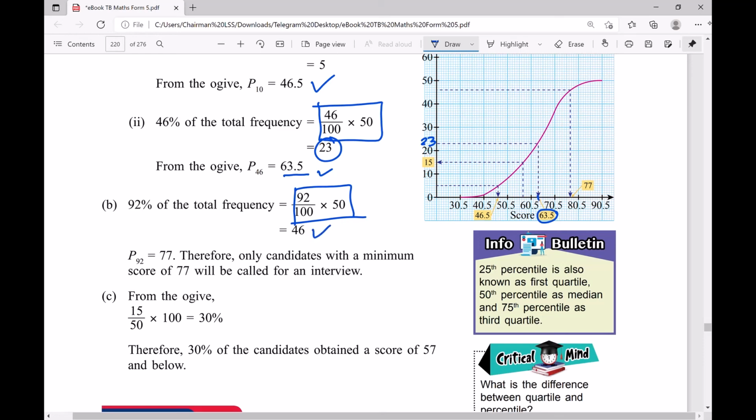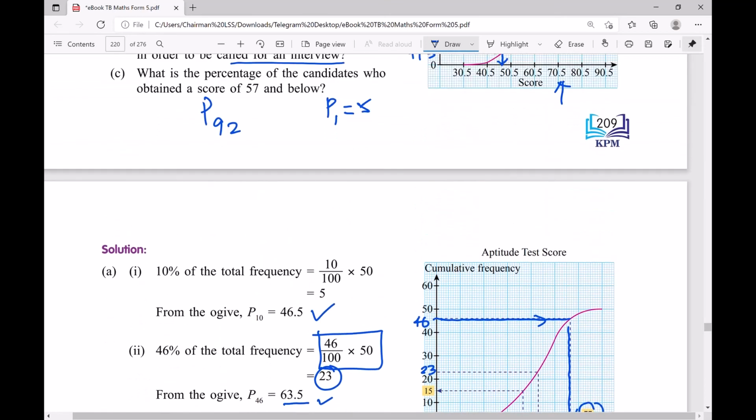So from here, 46, you go and find your score here. If you read this one, this is 77. So the minimum score will be 77. So 77 onwards will be called for the interview.